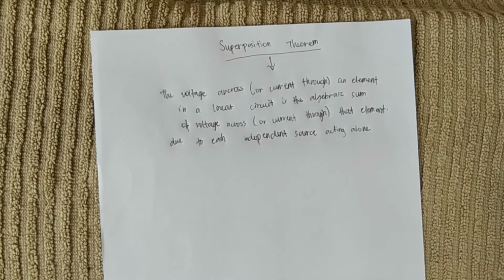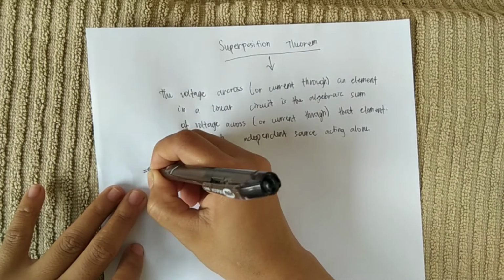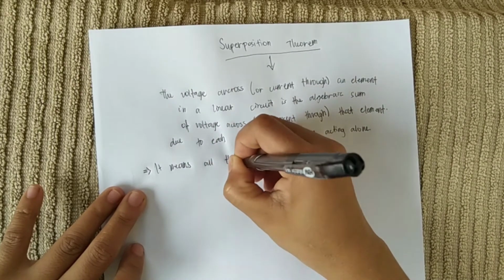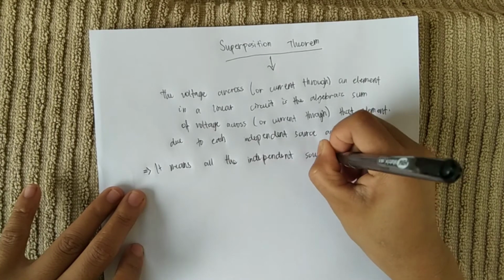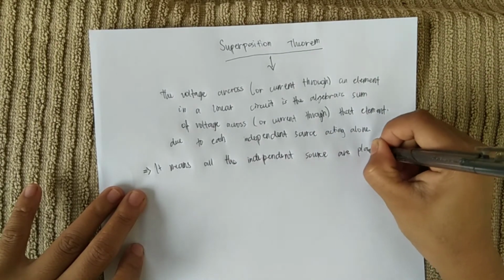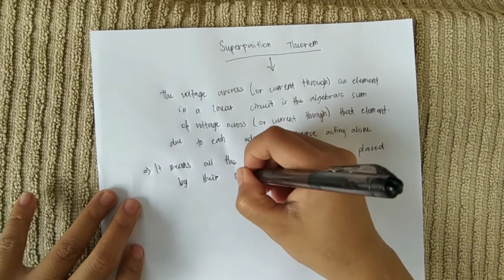So there are two sources of the current pag sa superposition. Makikita mo talaga, it means all the independent sources are replaced by their internal resistance. So sabi nila, lahat ng independent source ay may iba't ibang connection ng resistance.